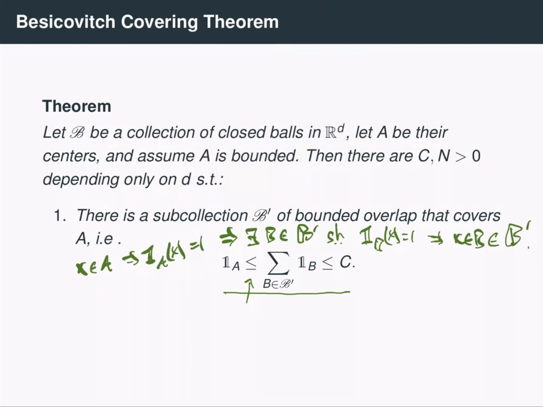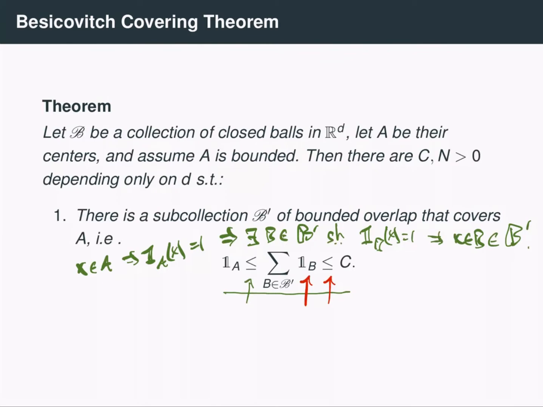Now, the second inequality says that my subcollection has bounded overlap. Okay, so the reason why is suppose that I had a point x that was in C plus 1 many balls. Well, then that would mean that the characteristic function at x would be equal to 1 for at least C plus 1 many balls.